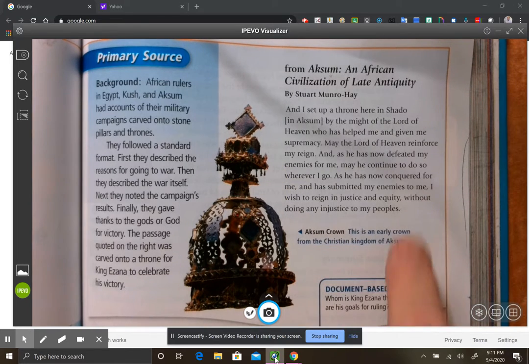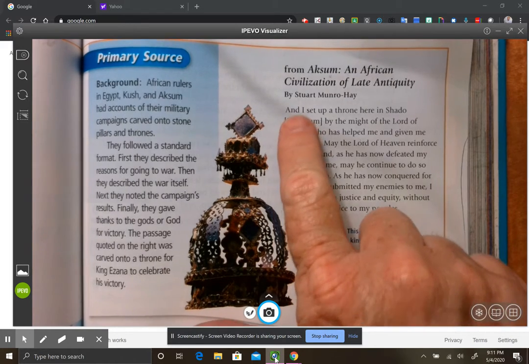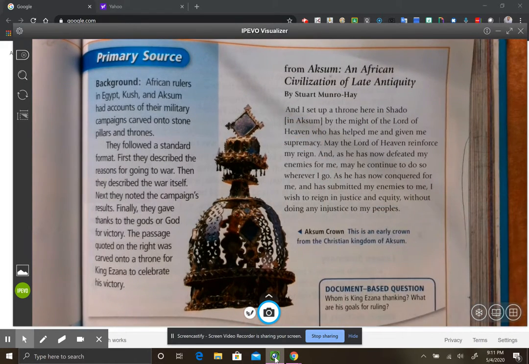So here we go. From Aksum, an African Civilization of Late Antiquity, by Stuart Munro-Hay. "And I set up a throne here in Shadow in Aksum by the might of the Lord of Heaven, who has helped me and given me supremacy.